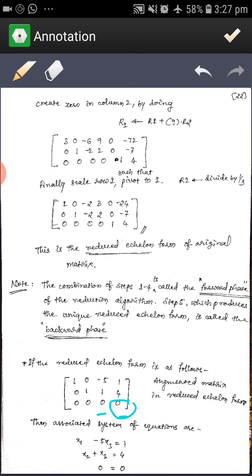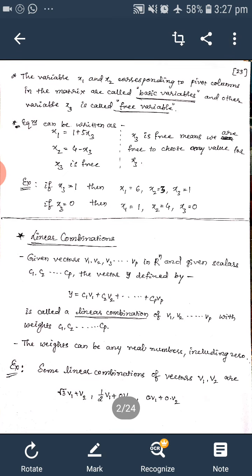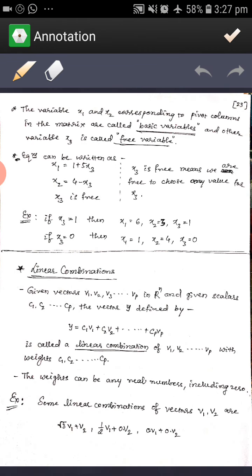If this is the situation, then here we have the values for x1 and x2, so those variables we call basic variables. The third variable is 0 on both sides, so we call that a free variable, meaning we can assume any value for that variable.